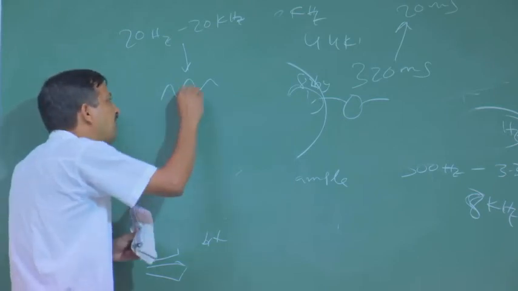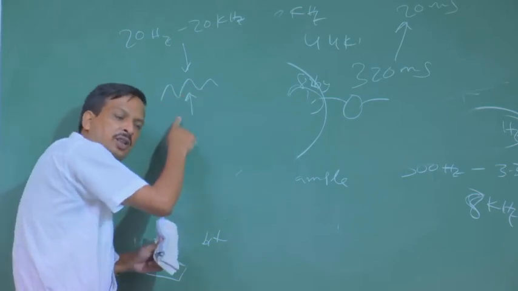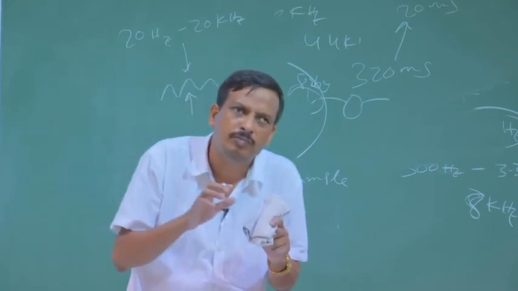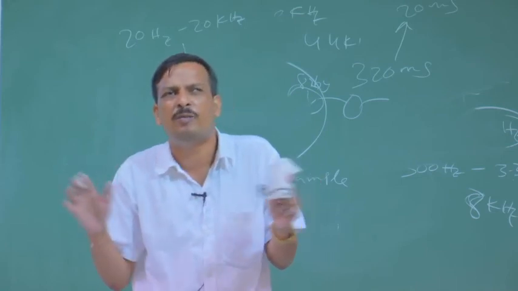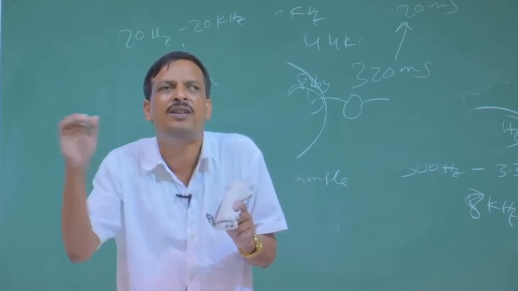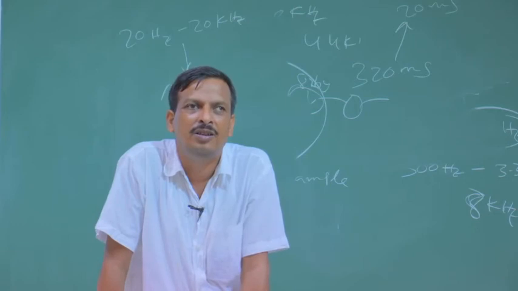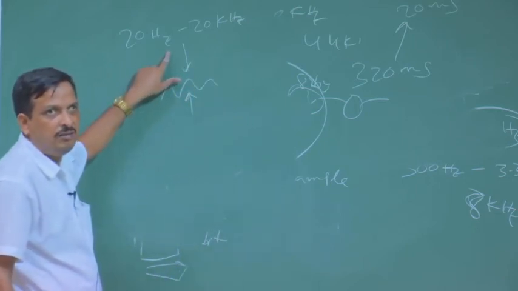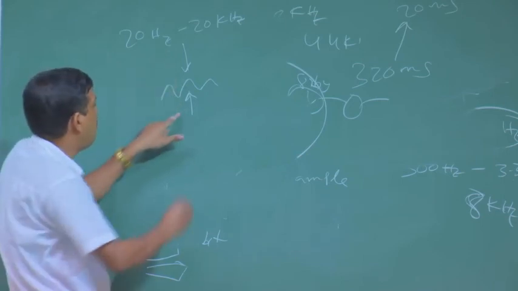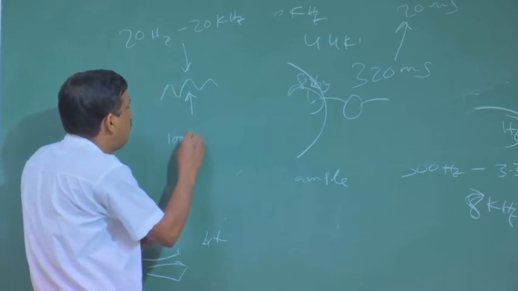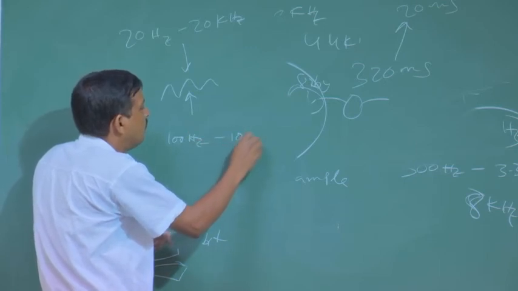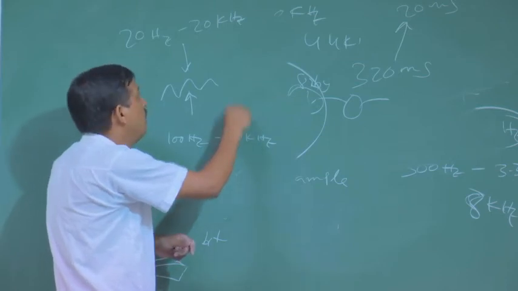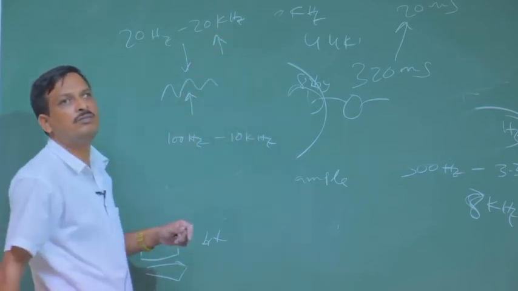A microphone may have a sensitivity, a frequency response, and a pickup pattern; all kinds of restrictions are there. Those who know the details of microphones know there are a lot of parameters. Suppose I am recording speech with a microphone whose frequency response is maybe 100 hertz to 10 kilohertz. I cannot get the acoustic wave beyond 10 kilohertz.